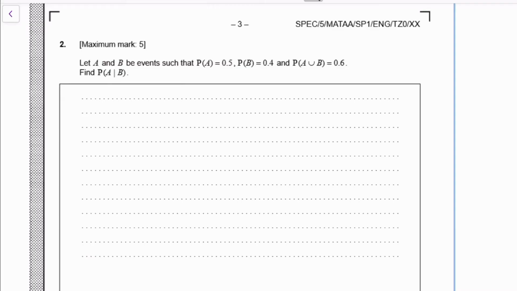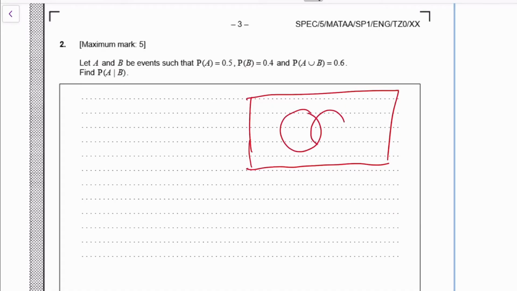Second question about probability. Okay, so it looks to be some sort of a Venn diagram setup. So it'll be a bit easier, this question, if you know you should do a Venn diagram. A, B. So they say the probability of A is 0.5, so A is 0.5, B is 0.4.